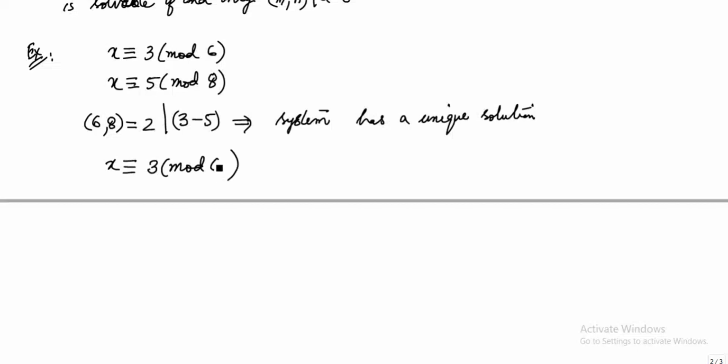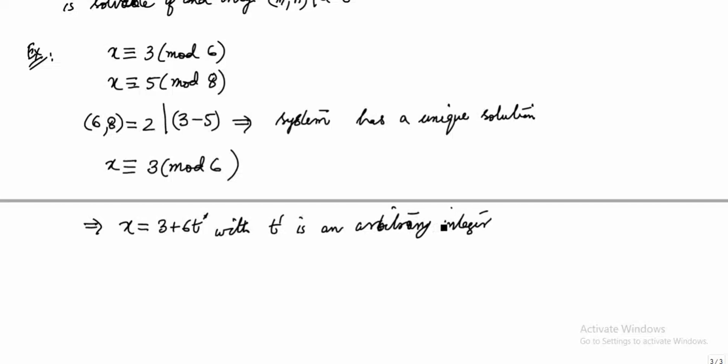Because this is a linear congruence, we can write the solution x is equal to 3 plus 6t prime, with t prime an arbitrary integer.